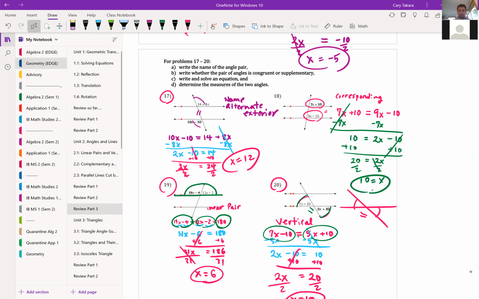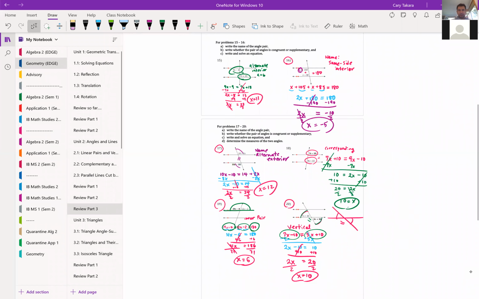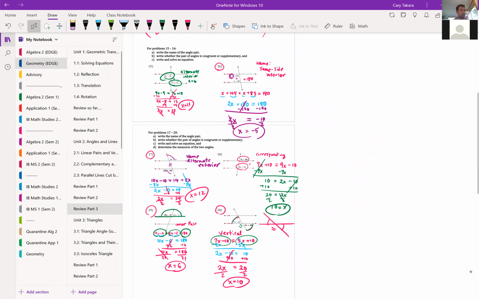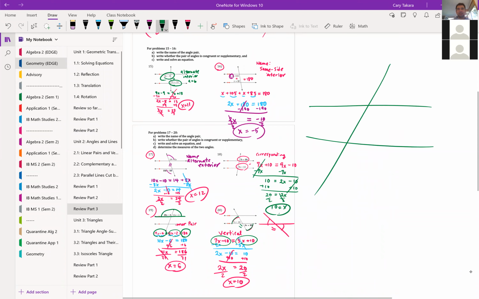All right, I think I'm going to stop right here. I think this is good. If you are feeling maybe not so confident, if you want to go over a couple more, you tell me, okay? If you want to do this kind of thing, like what's angle 1 and angle 4, we can do that.